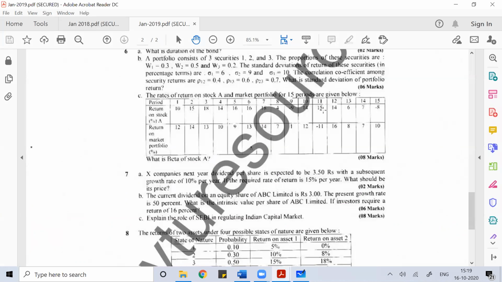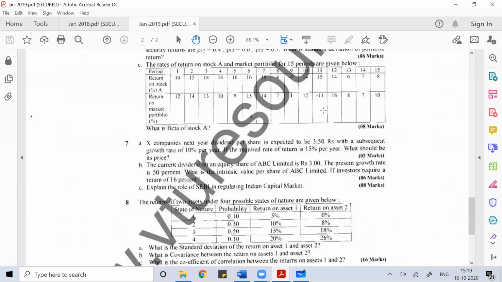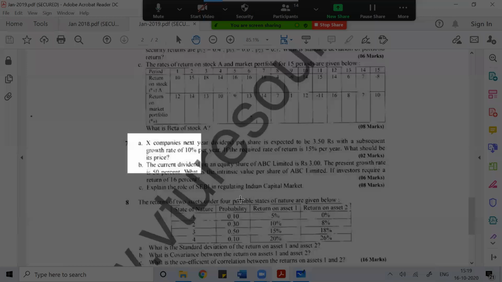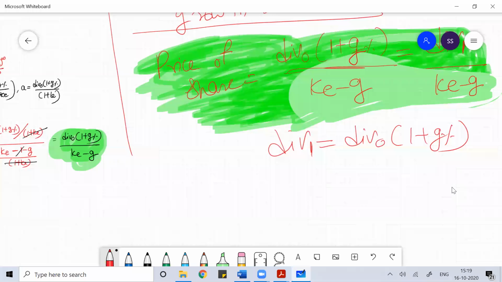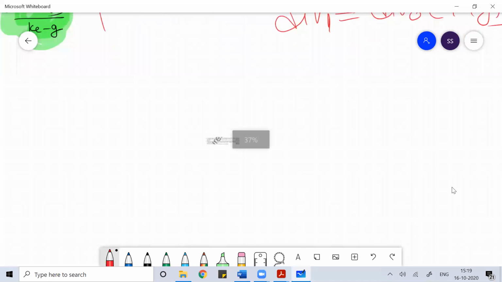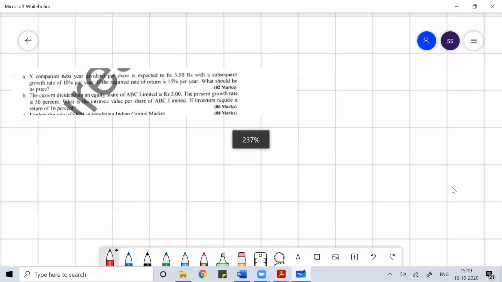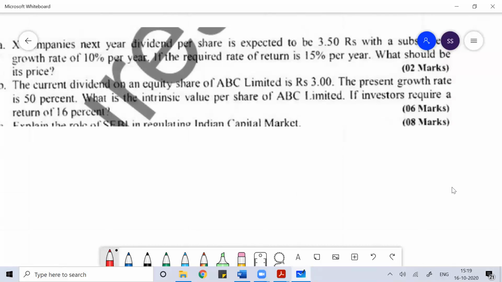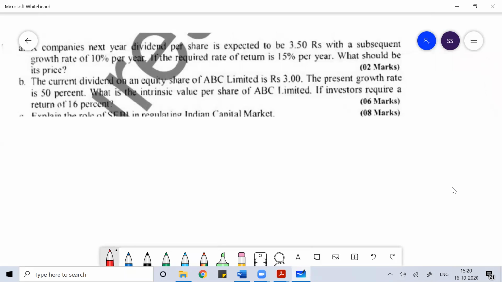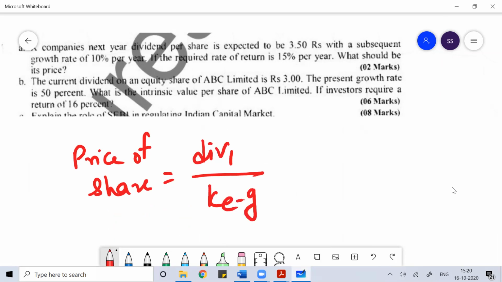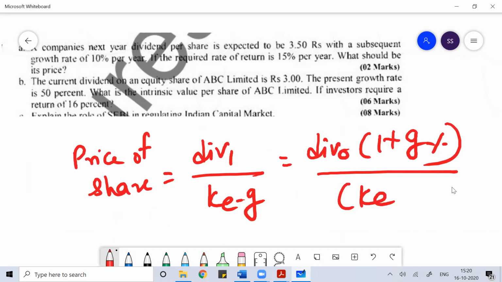Now, you can see this question number 7, part B. Take both questions, A and B. I told you the price of share formula: price of share is equal to Div1 divided by k minus g, or Div naught into 1 plus g percent divided by k minus g.